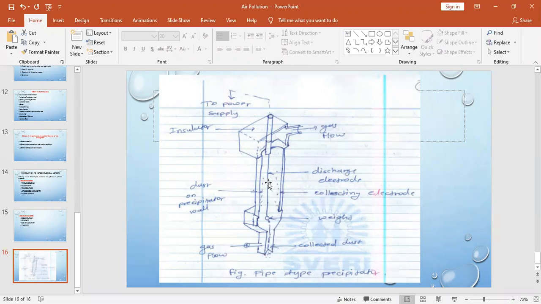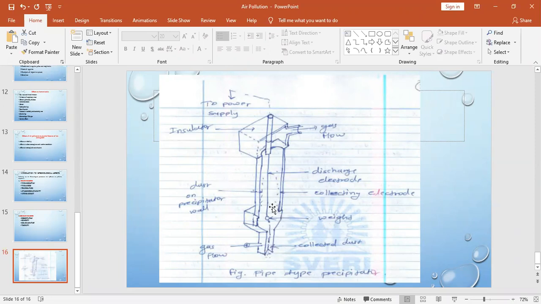Because of that, the particulate matter getting charged will start attracting towards the negatively charged collecting electrode. And once it is attracted towards the collecting electrode, you can remove it by a mechanical or automatic method and make it drop down at the bottom, and it can be removed.